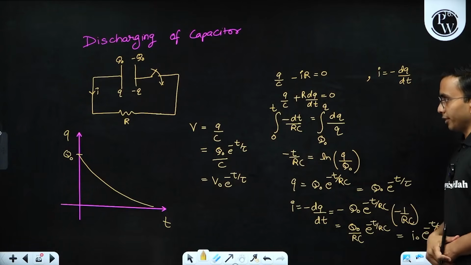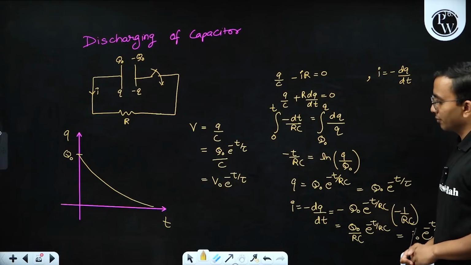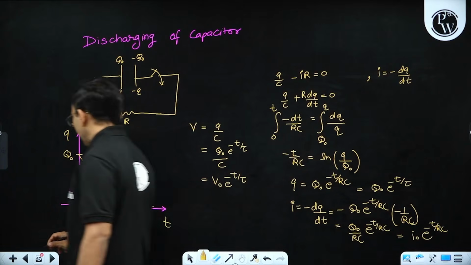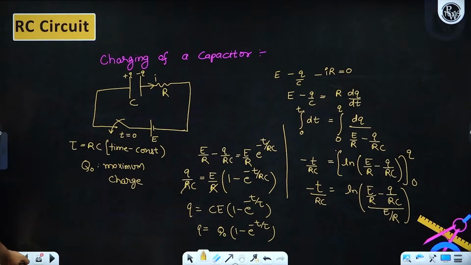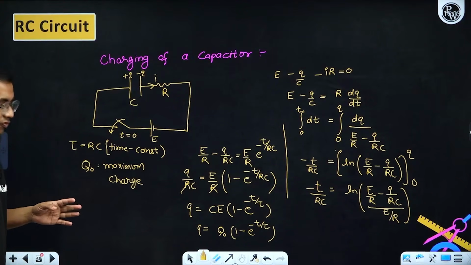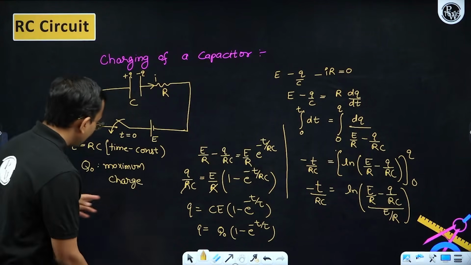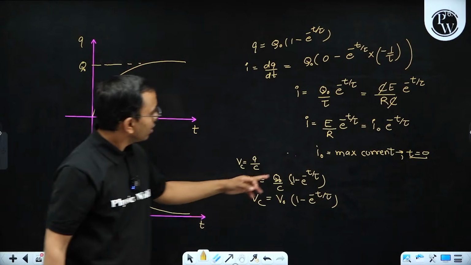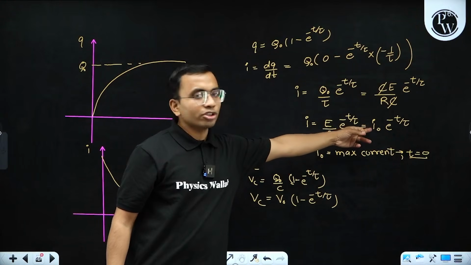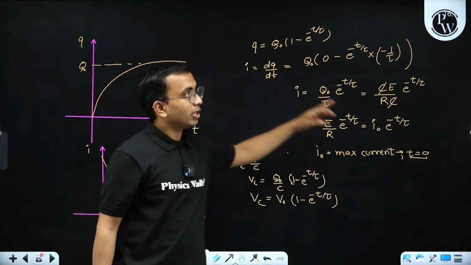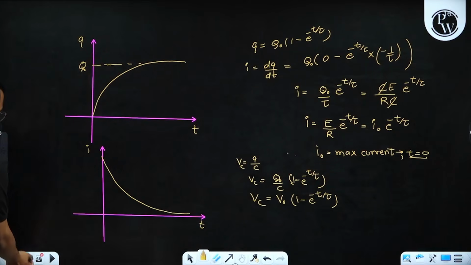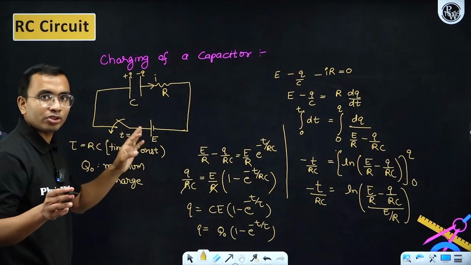Now the important thing. For charging, first of all I am coming to charging of the capacitor. At t is equals to infinity, the current will become 0. The capacitor will behave like an open circuit at t is equals to infinity.